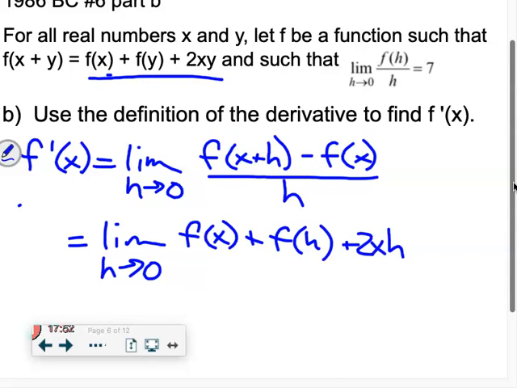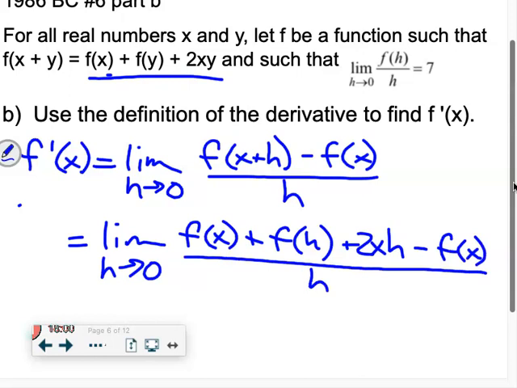This is my f of x plus h. Then I have to do minus f of x over h. How did I get it?